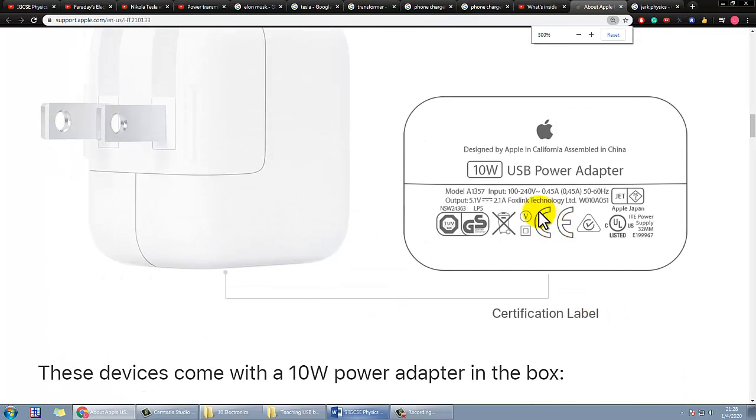It says the input is 100 to 240 volts. If you recall what you learned in the previous chapter, it's something to do with the input circuit, the main power. In Hong Kong, it is 220 volts, and so that's why you can use such a phone charger in Hong Kong.